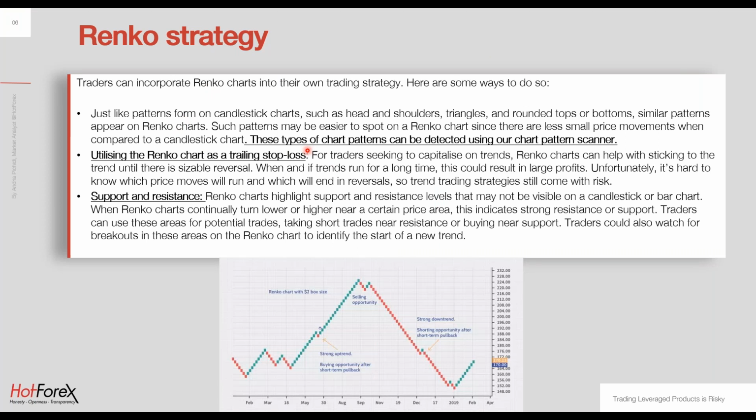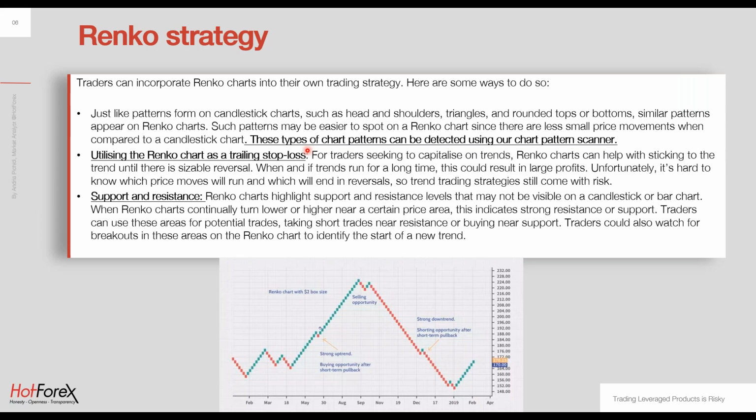And if you identify on the Renko patterns such as head and shoulders, triangles, rounded tops or bottoms, the usual patterns that we tend to identify in our MT4 using candlesticks, then they pretty much provide the same signals as a normal chart.